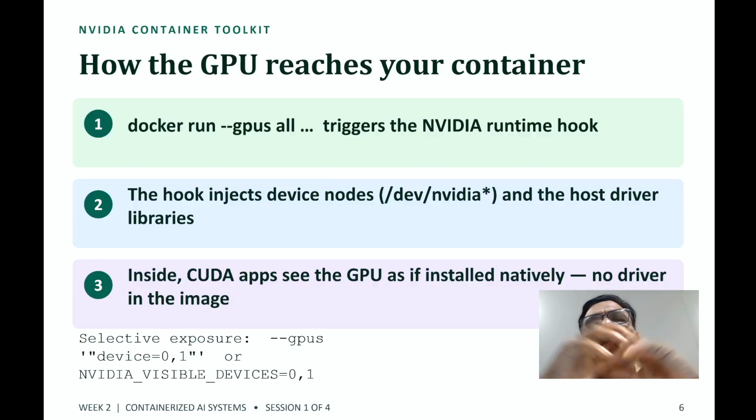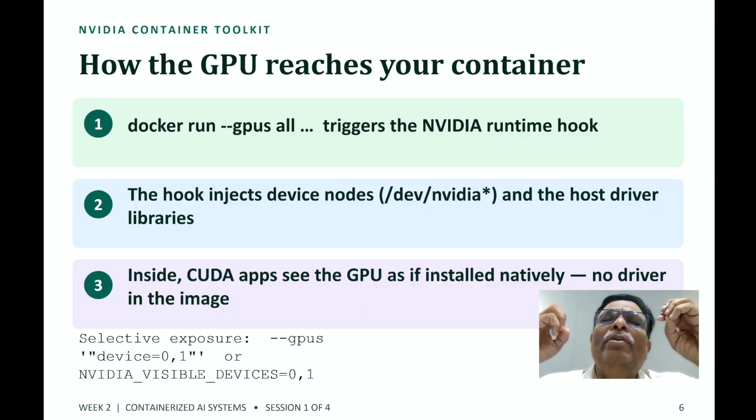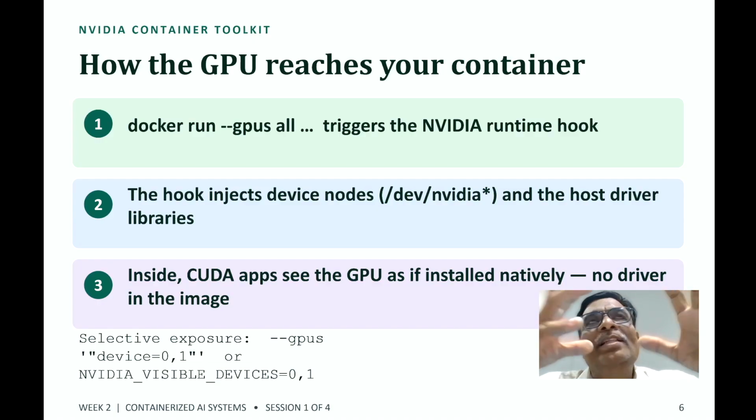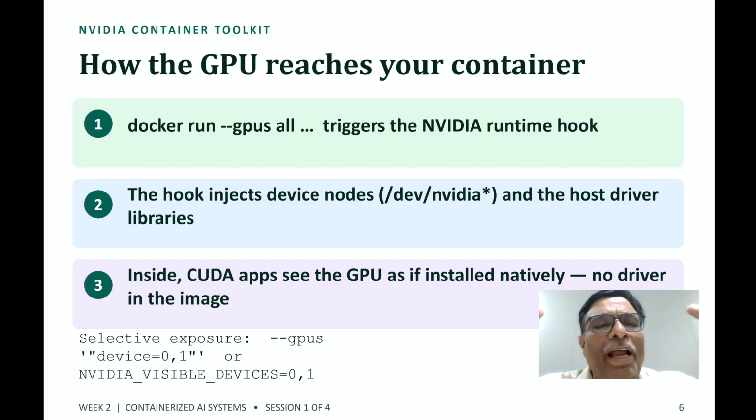This type of command is going to trigger the NVIDIA runtime hook, which I told you about, to see how many GPUs exist, and Docker can run the programs on all the GPUs.